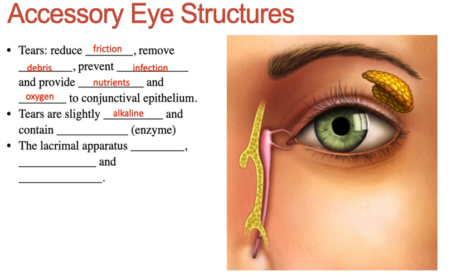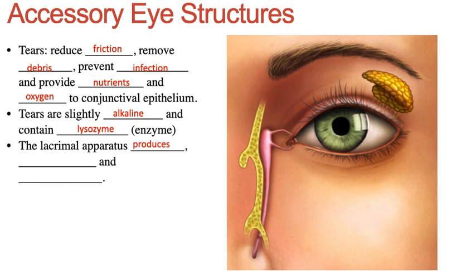Tears themselves are slightly alkaline, meaning their pH is slightly higher than 7, and they contain an enzyme called lysozyme. These properties help them to prevent infection. Lysozyme actually disrupts the cell wall of many types of bacteria.